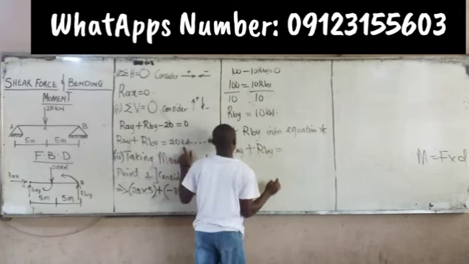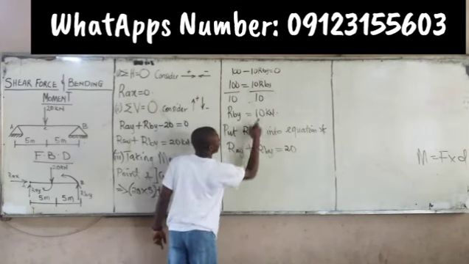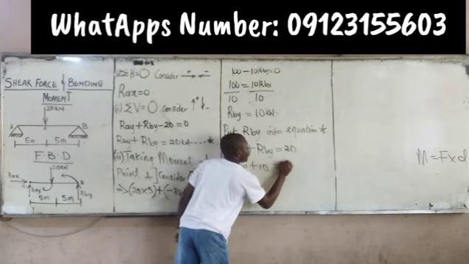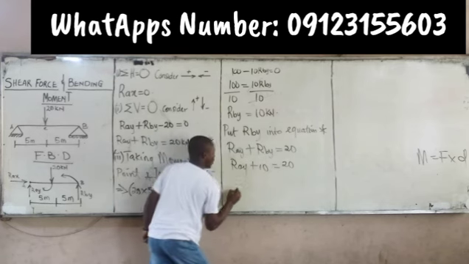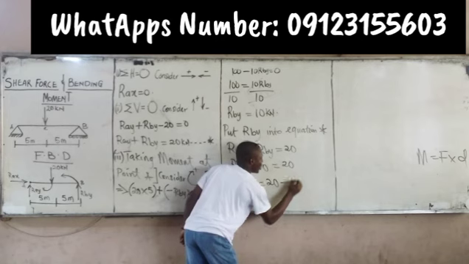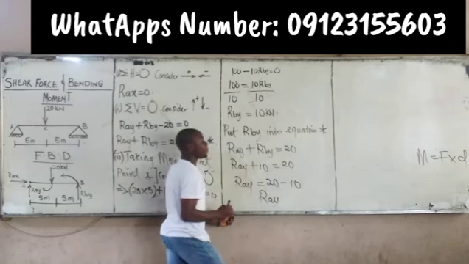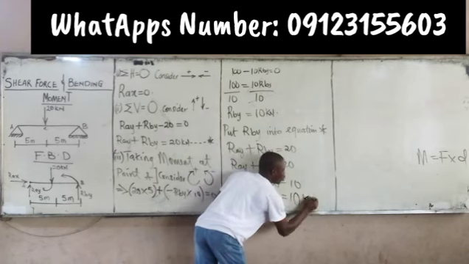Hence, putting RBY as 10, I have RAY plus 10 is equal to 20. To get RAY, simply take this one to the other side. I have that RAY is equal to 20 minus 10. Of course, by a mathematical approach, 20 minus 10 is obviously 10 kilonewton.